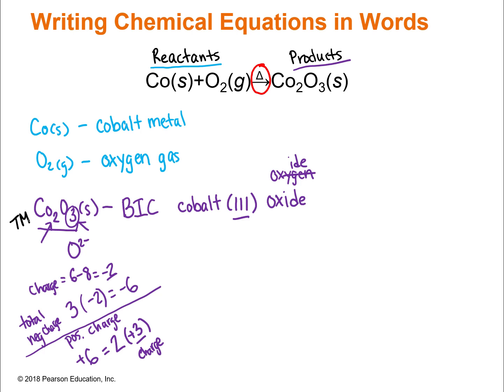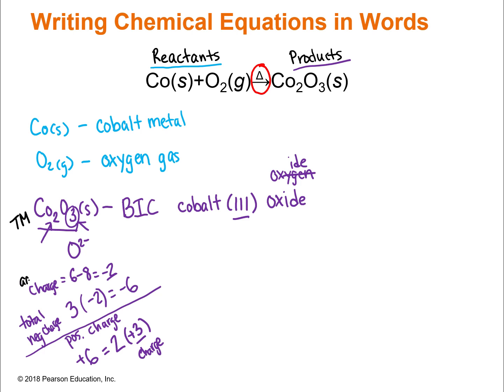I abbreviate that TM, transition metal. And since it's not one of my exceptions, I don't know what charge that cobalt ion is. To figure out the charge, I have to look at the anion. The anion is oxygen, and we have to figure out the charge for the oxide ion.